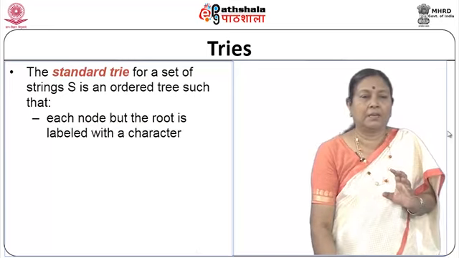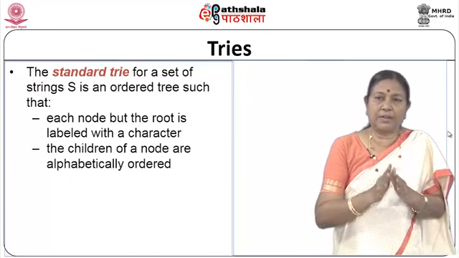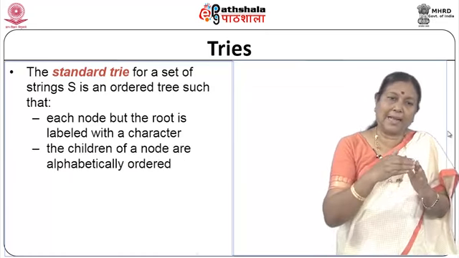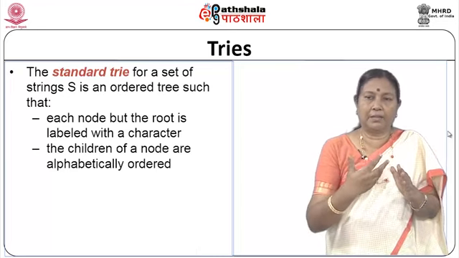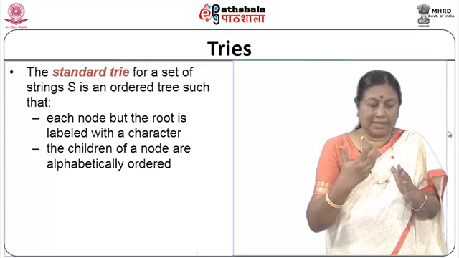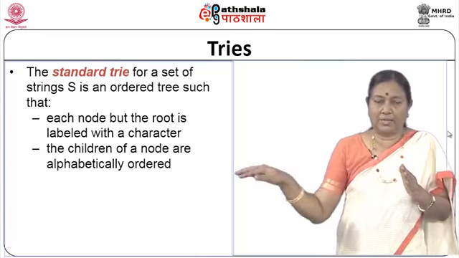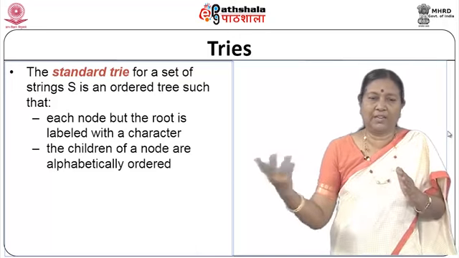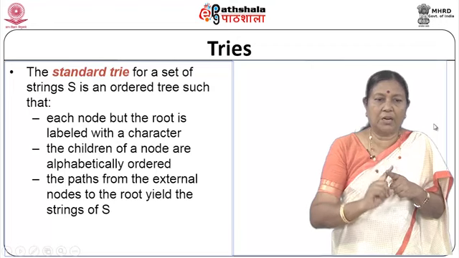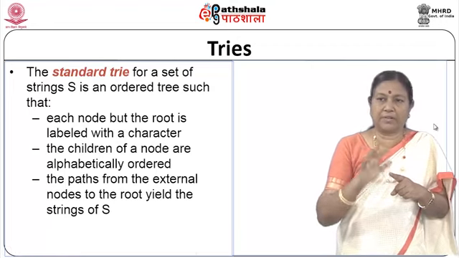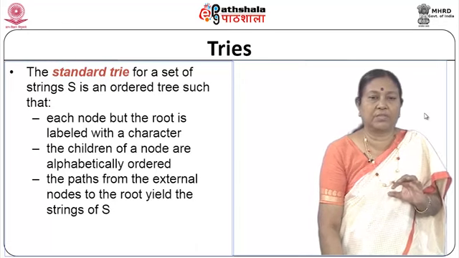The children of a node, if it has children, are alphabetically ordered, which is why it is called an ordered tree. For example, the characters of the alphabet will be in the order A to Z, or 0 to 9, or whatever. The paths from the external nodes to the root yield the strings of S.